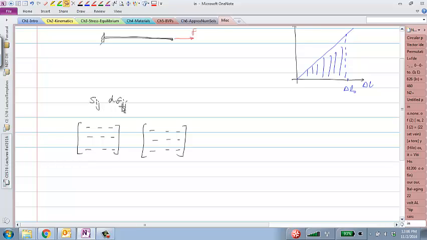i is repeated, j is repeated. So the total number of terms is 9 terms, and they are all going to be summed up, right? Since i and j are repeated, it means that there is a sum over i going from 1 to 3 and j going from 1 to 3.